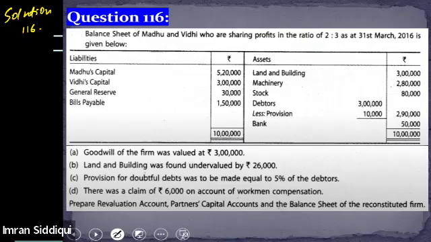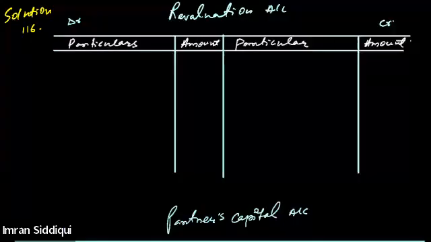And moving on to item B, land and building was found undervalued by 26,000. So this is obviously an item relevant for the revaluation account. So we'll go to the revaluation account.